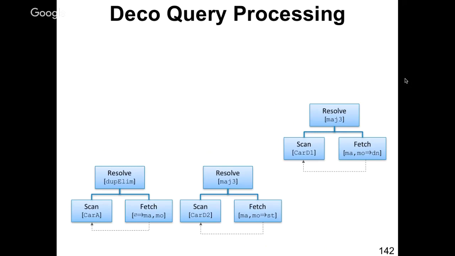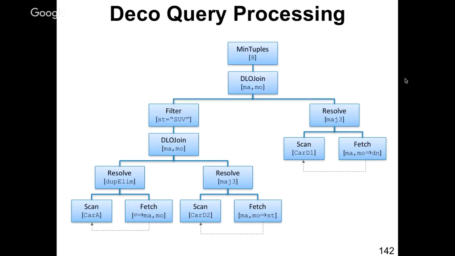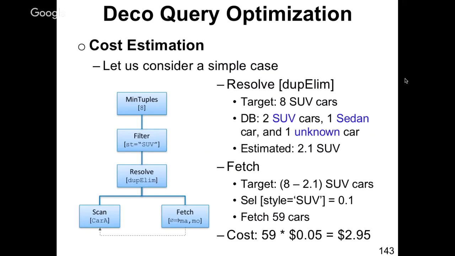So the rule is just majority voting. Okay, and this join is a quite machine-based join, trying to integrate these 2 tables together, and then further integrate this 3rd table, and at last get at least 8 tuples.